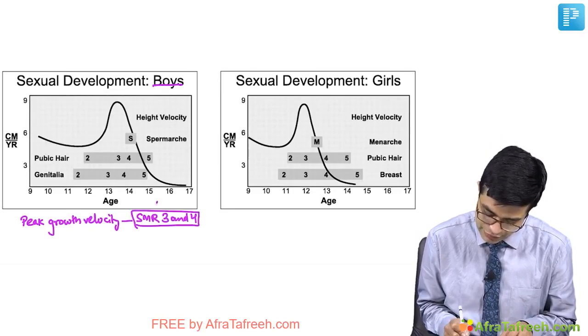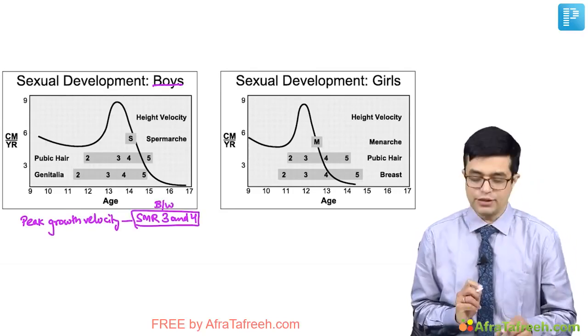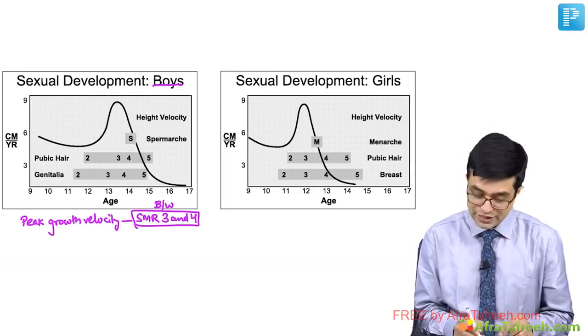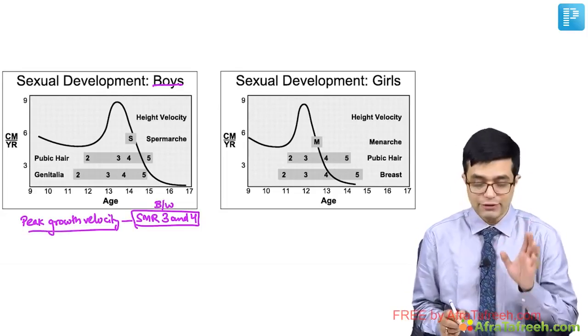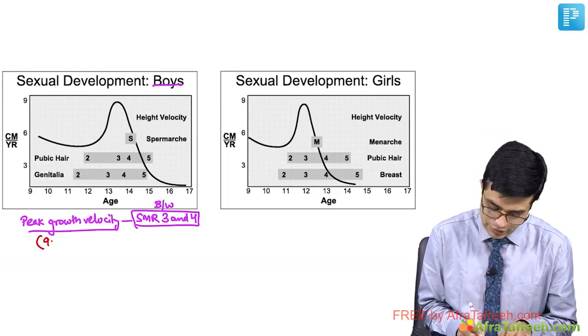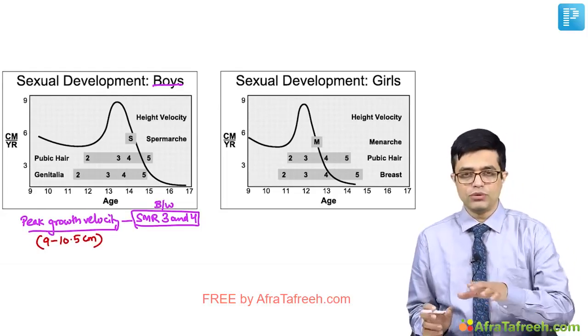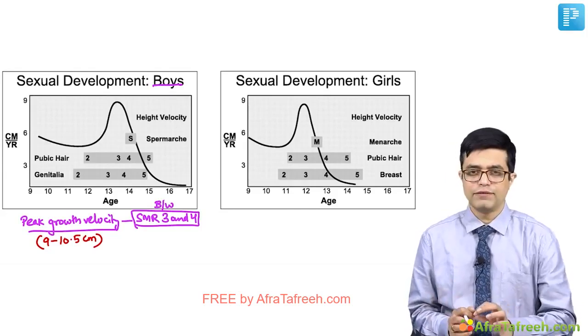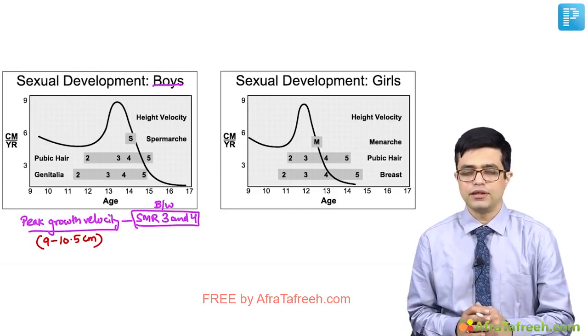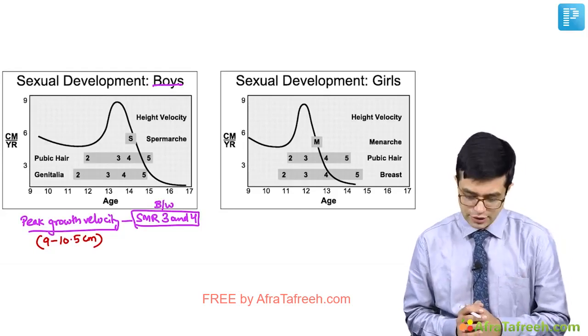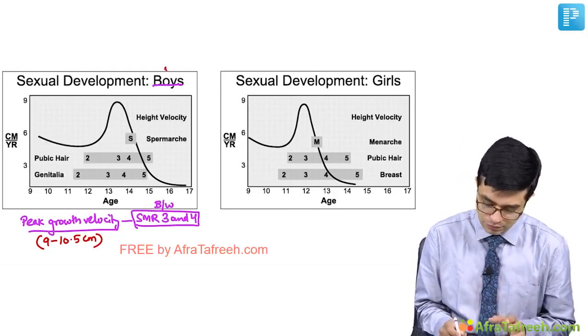And what is the peak growth velocity? Nelson has given the value. It is around 9 to 10 centimeters. 9 to 10 is mentioned, and 9 to 10.5 is the one which has been recently updated in two of the latest journals. So 9 to 10.5 in case of boys.